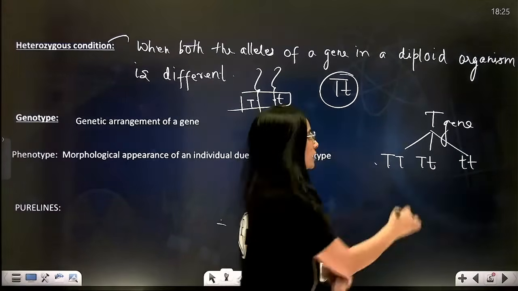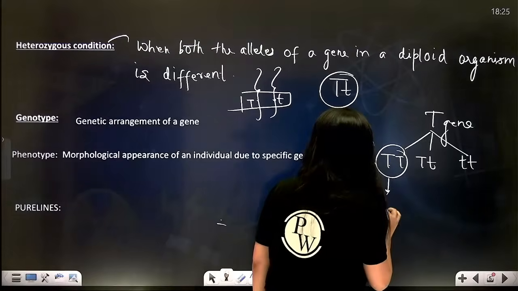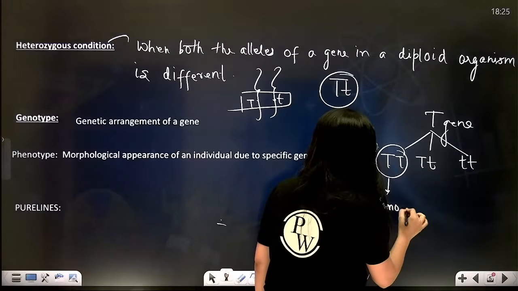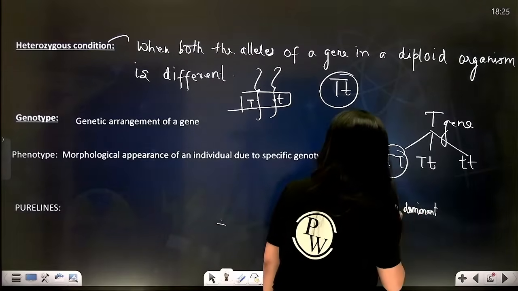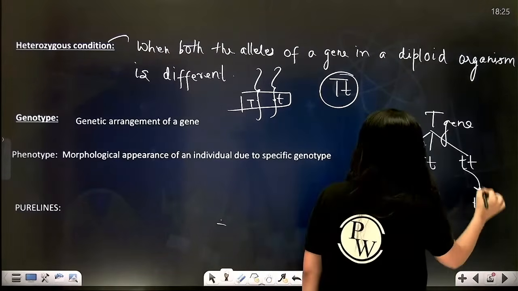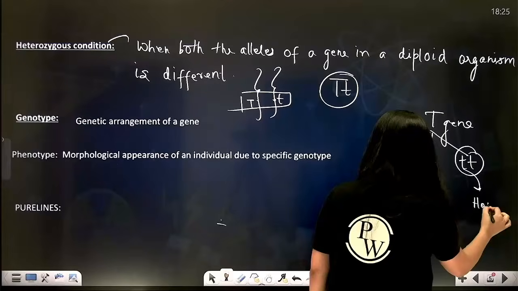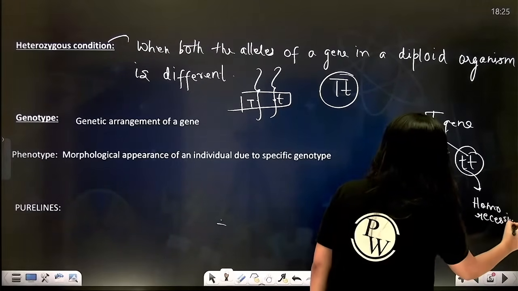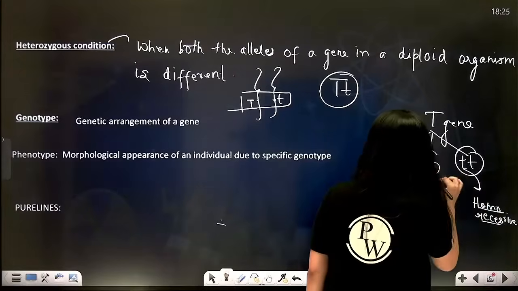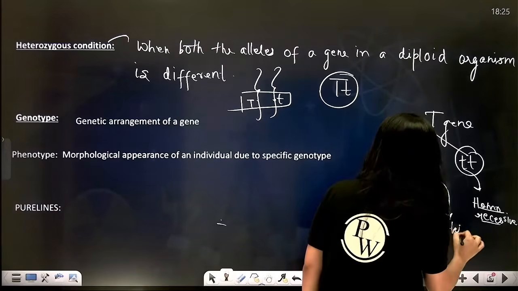This is the homozygous dominant condition. This is, beta, the homozygous recessive condition, and this is the heterozygous dominant condition.